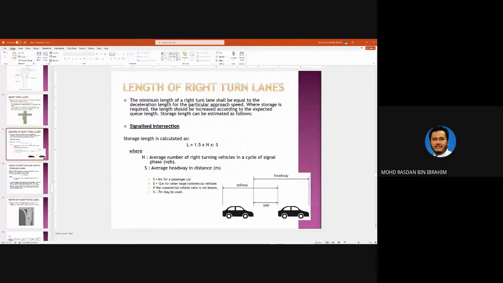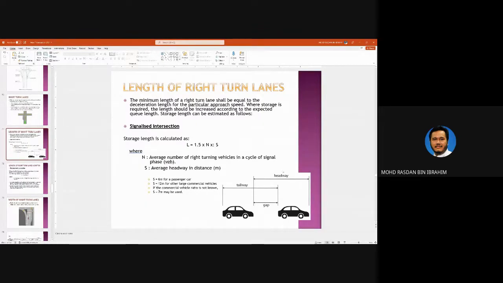So the length of the right turning lane depends on the average number of right turning vehicles, N, and S, which is the headway in distance. Headway is the distance between the front of the first car and the front of the second car. So this is the headway and this is the gap.